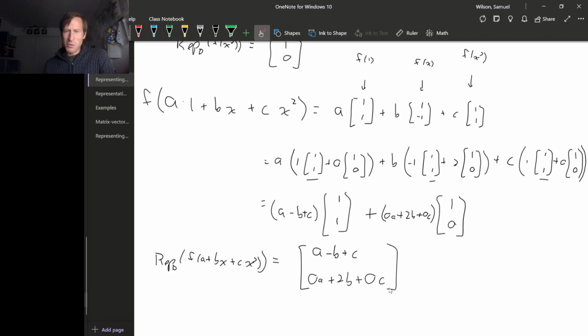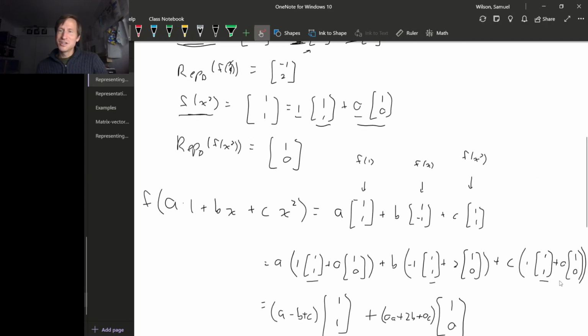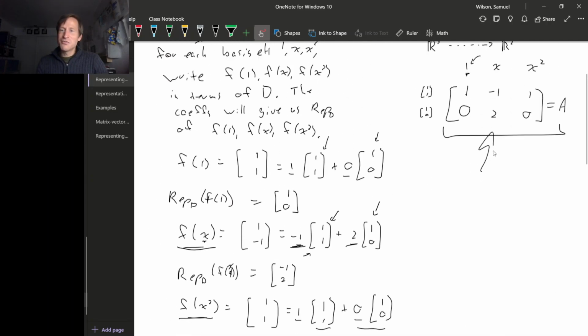You might be wondering, why am I writing 0a? Couldn't I just leave that off? Yes, but there's a reason that I want to write it. Now notice that if you look just at the coefficients of a, b, and c here, if we write down the matrix of just the coefficients, we get 1, minus 1, 1, and 0, 2, 0, right? Which is exactly what we got for the matrix A.